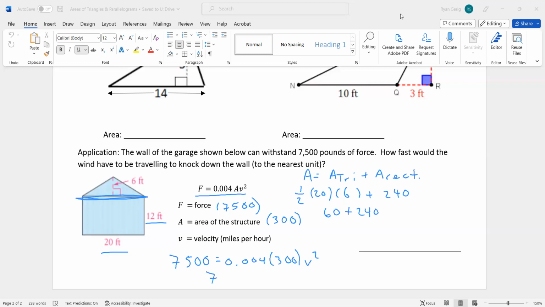So 7,500 equals 1.2 V squared. Divide by 1.2. I get 6250 equals V squared. Take the square root. And I get 79.05.